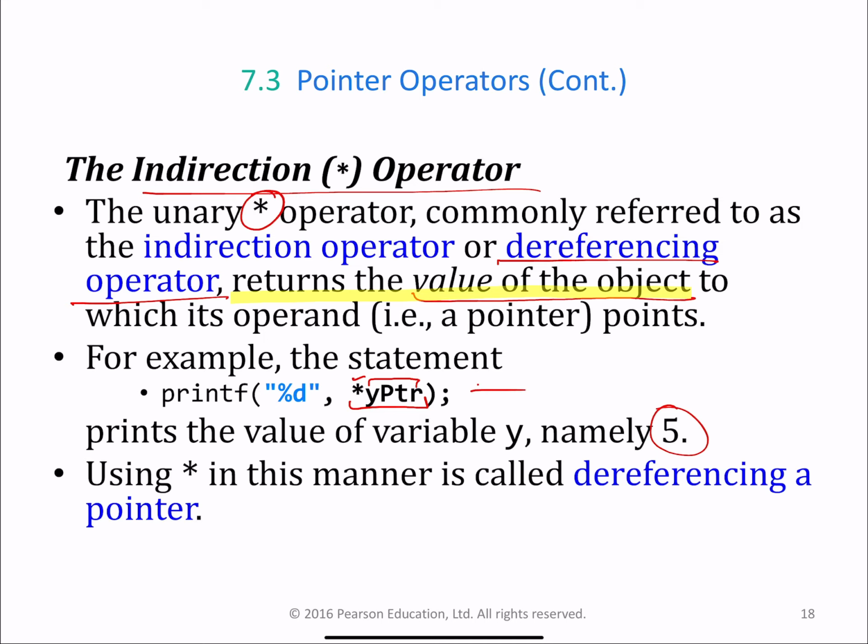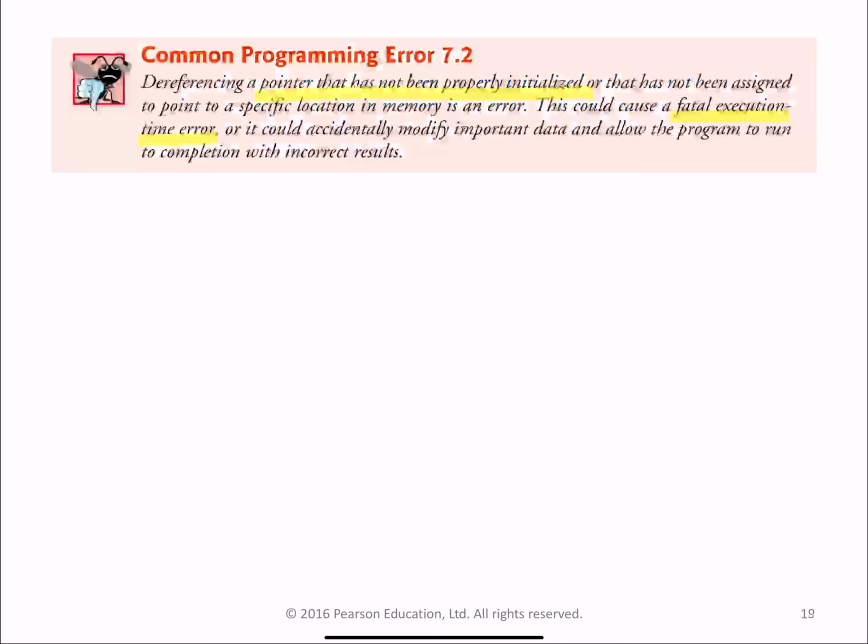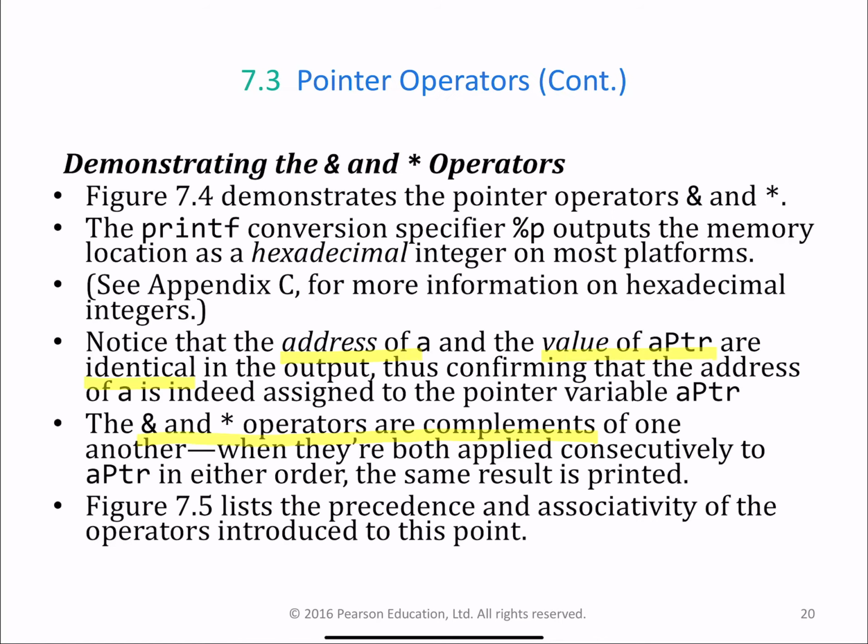So if you run this statement over here, the output that will be printed to screen is 5. Again, please don't dereference a pointer that hasn't been initialized. If you do that, you will end up with a fatal execution or runtime error.